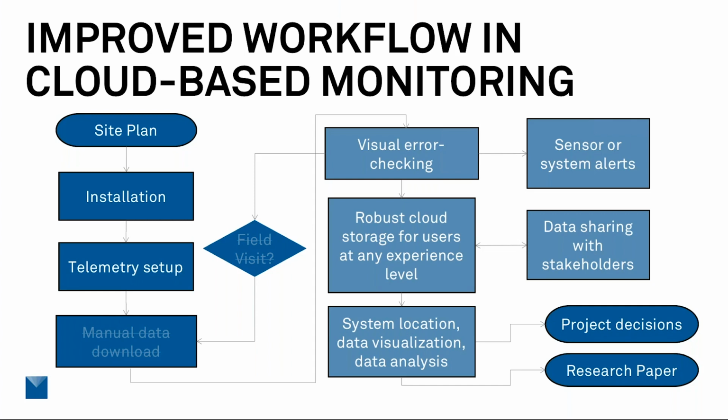But after that point, we've tried to improve things, even the installation process, which I'll talk about in a moment, the telemetry setup, avoiding unnecessary field visits, and then being able to quickly check for errors, store your data in a way that you and others can get it, and visualize it simply. Along the way, if there are problems, we can alert with system alerts or sensor alerts, and also we can share the data with the stakeholders, all in that process to help get our research papers done or make decisions on the projects we're working on.